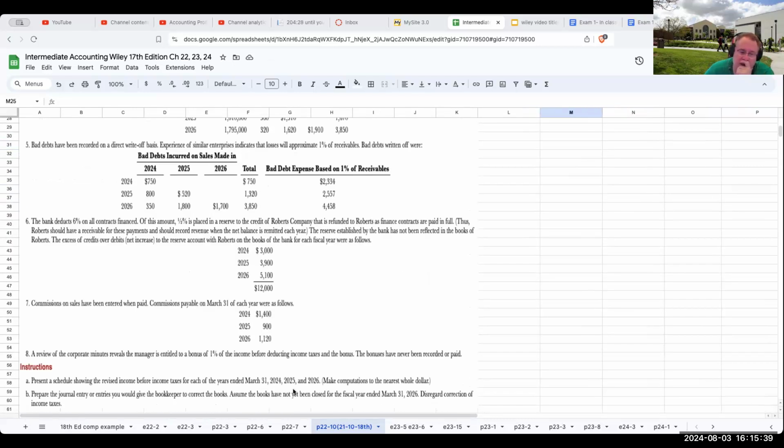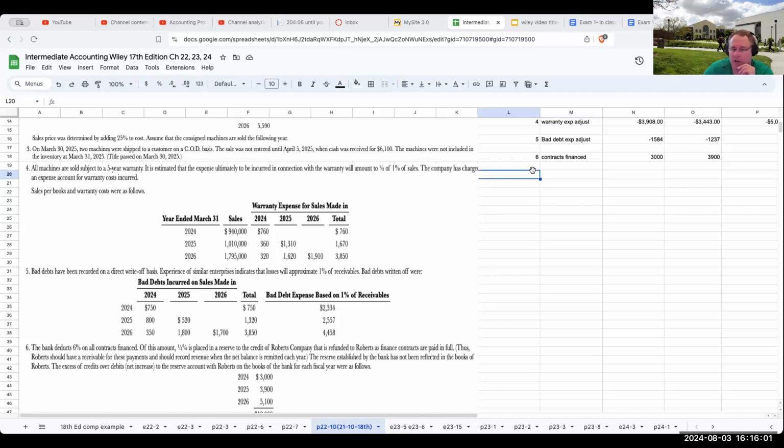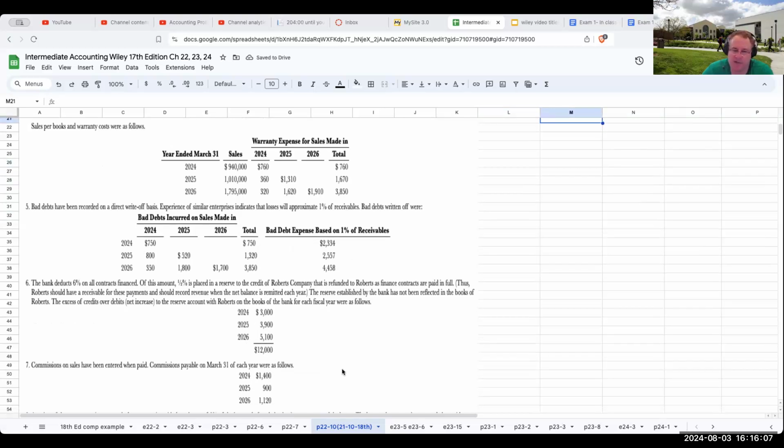Commissions on sales have been entered when paid. Commissions payable on March 31st of each year were as follows. Okay, so here's a problem. You record commissions as they are earned by your salespeople. You don't do things on a cash basis, right? So think about it like this.